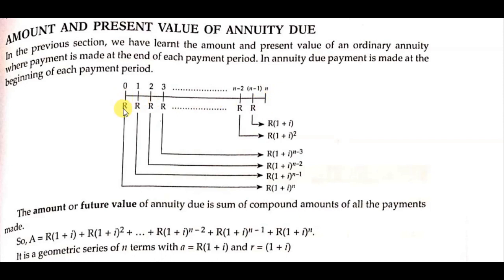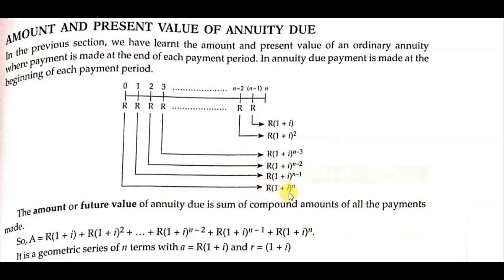So how much amount will you receive at last by making this payment today? From compound interest, it will be the invested amount R into (1 plus i) whole power n.